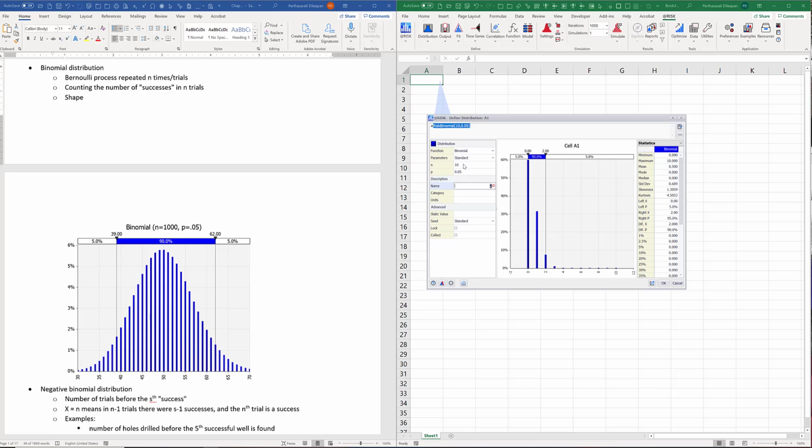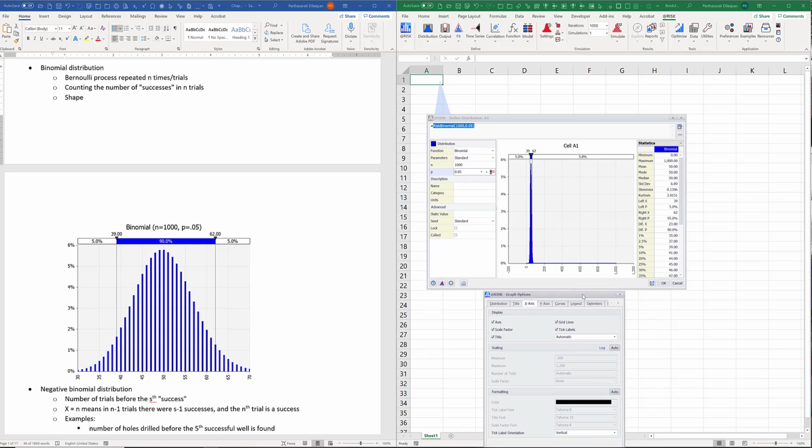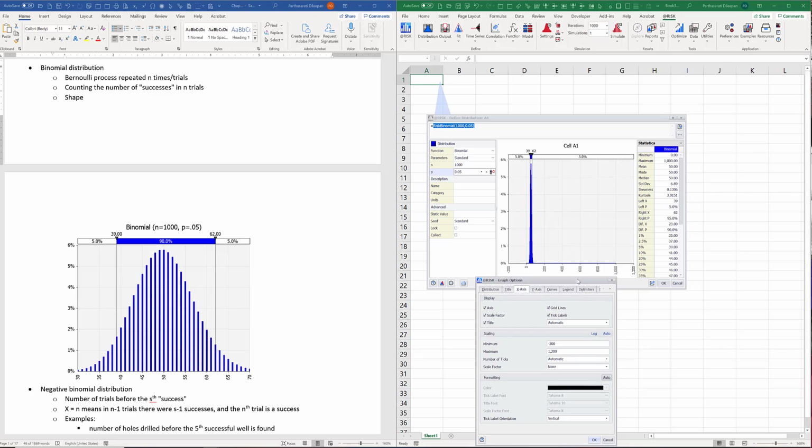Now with the same p of 0.05, if you increase the number of trials to 1000, like what we had here, we need to change the x-axis. You can right click, and instead of automatic scaling, take Axis Options and change it from automatic to 0 through maybe 200.